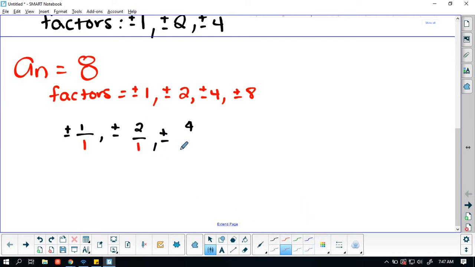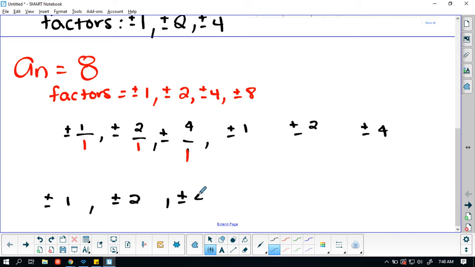So this is 1. Oh, I like how I didn't change the color there. All right, and then we're going to keep doing that. Positive negative 1, positive negative 2, positive negative 4, positive negative 1. And we're going to do that 1, 2, 3, 4 times. Positive negative 2, positive negative 4, comma, positive negative 1.